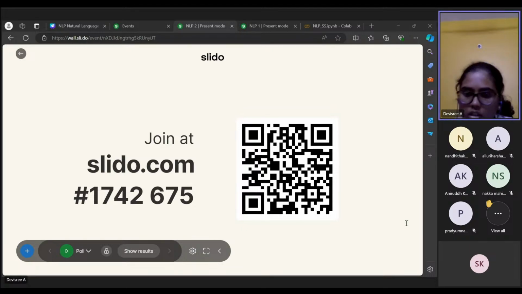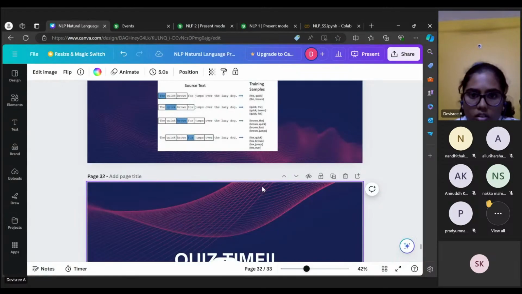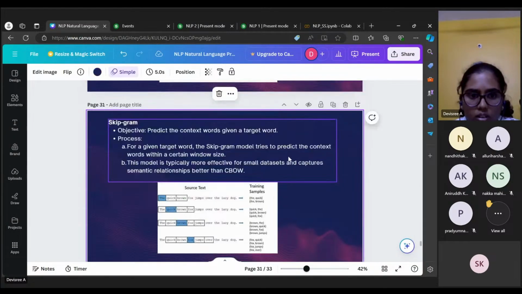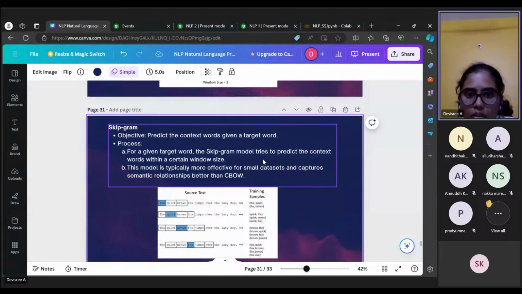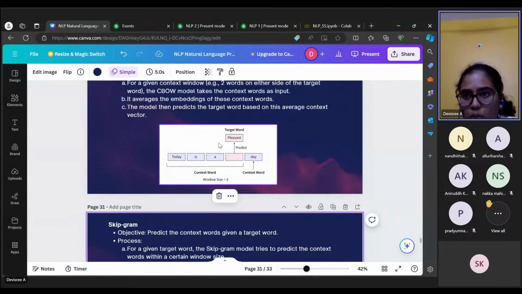So as I had mentioned, here I'll show it again. Skipgram is not effective for small data sets. For larger data sets, CBOW is preferred because it has to predict only one word given the surrounding words. Hence, that's it.